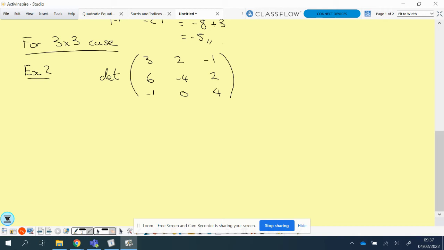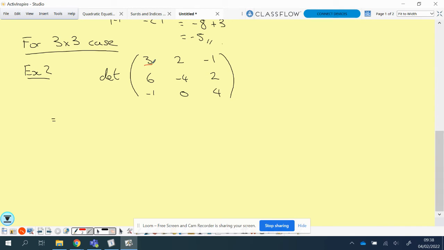Okay, what we do is, I'll highlight it for the first one here. I'm going to take my first number in my matrix, the top left corner. Now I'm going to use the numbers in rows 2 and 3 that are not in the same column as that 3.